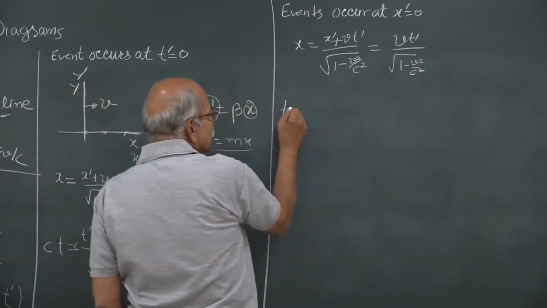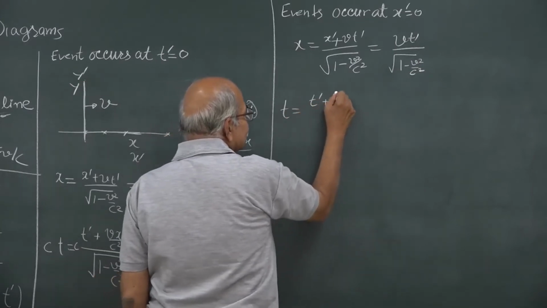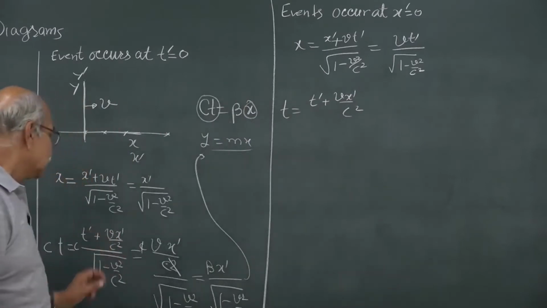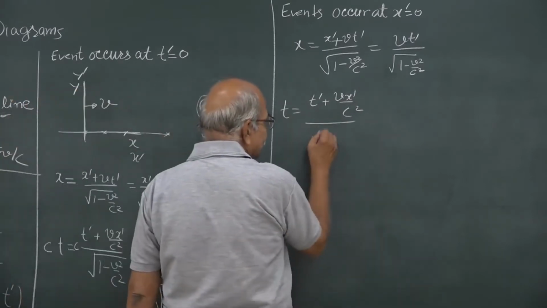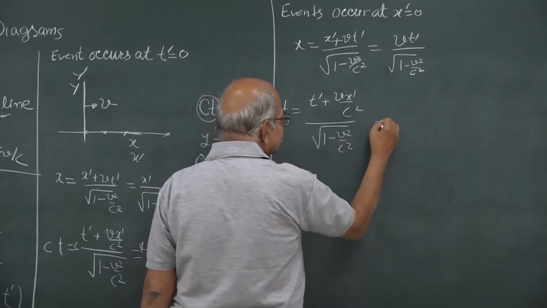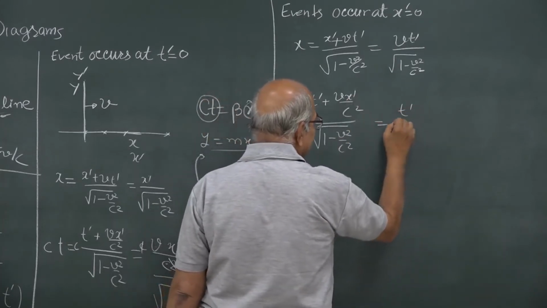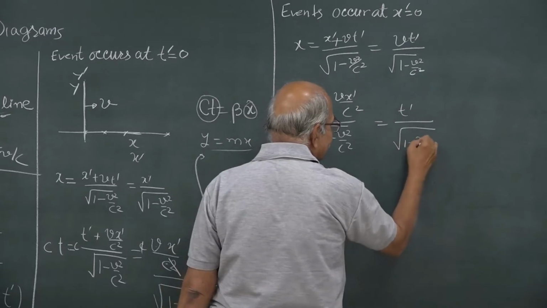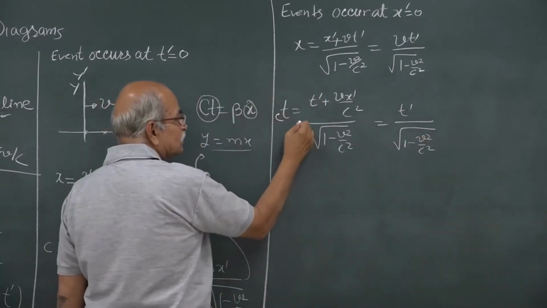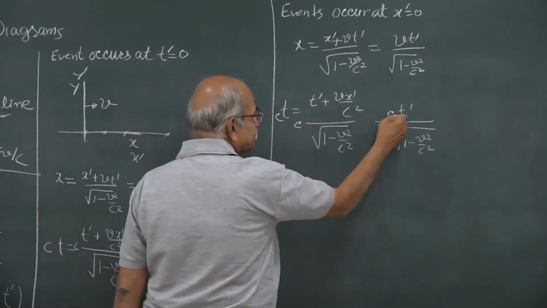And t is equal to t prime plus v x prime by c square, divided by square root of 1 minus v square by c square, and since x prime is 0, this is t prime divided by square root of 1 minus v square by c square, multiplied by c. So, it is this.